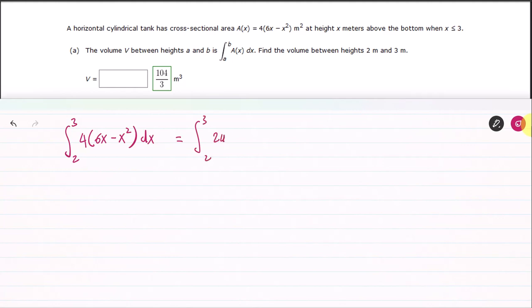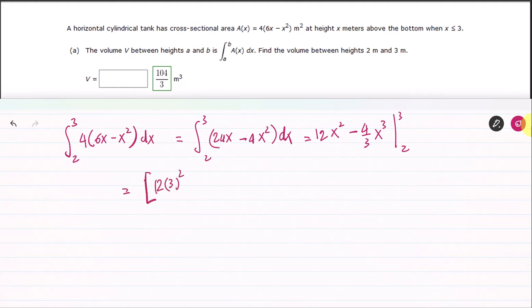This is 24x minus 4x squared, and using the power rule, we add 1 to the exponent and divide by 2, so that it's 12x squared, and then divide by 3 when I add 1 to the exponent.